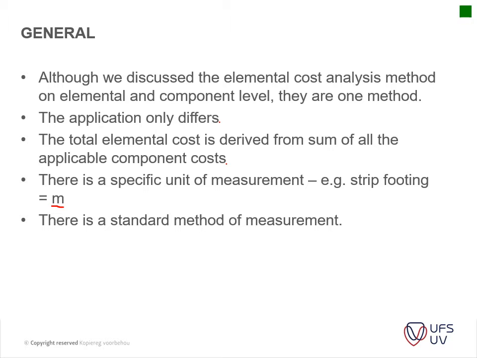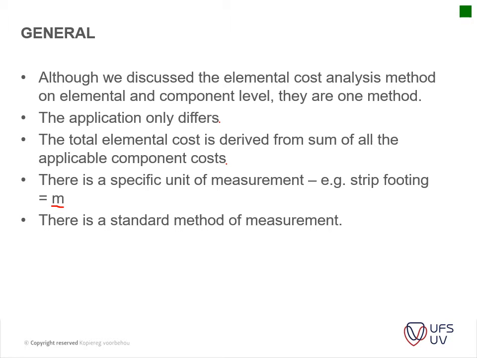Okay, so we'll still get into this, how this works, but basically this meters is then broken down further in our bills of quantities into cubes, and then this specific item.